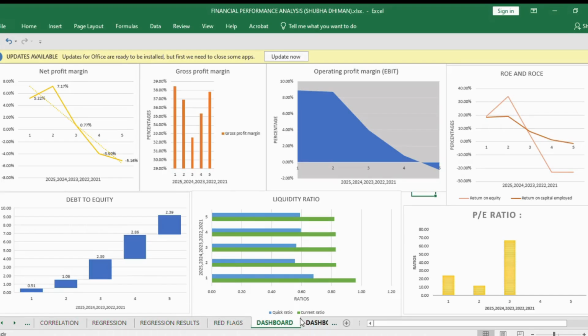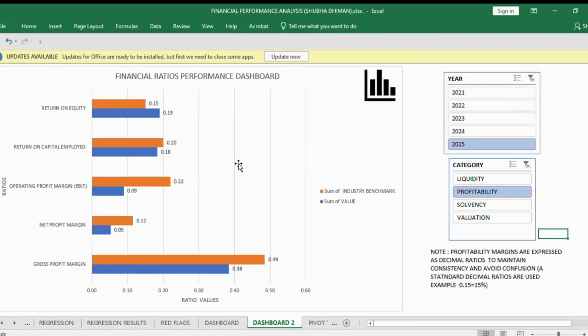Now let's move to dashboard 2. On dashboard 2, I added interactive slicers to make the data more accessible. By clicking on a specific year or category like profitability, the charts update instantly.